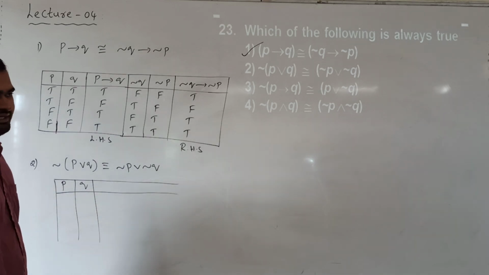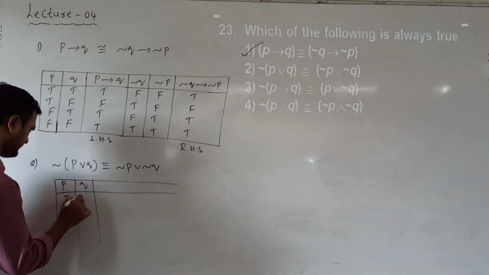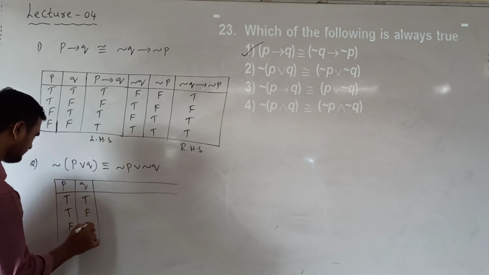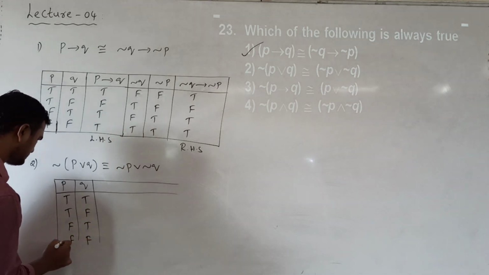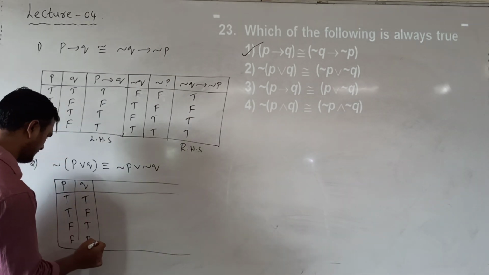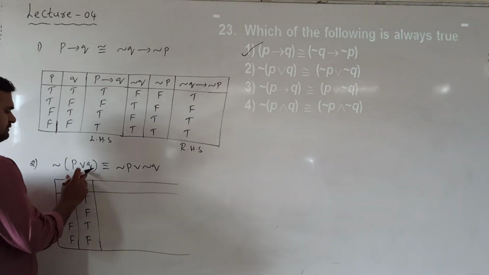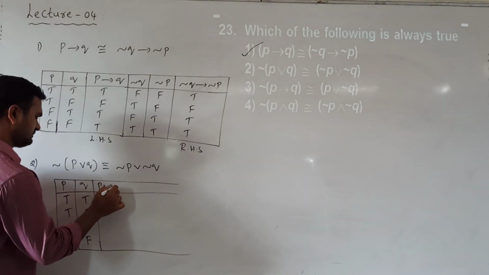Two simple statements we are taking, P and Q. Now the truth values can be: both true, true false, false true, both false. Now we need P or Q. First find P or Q.